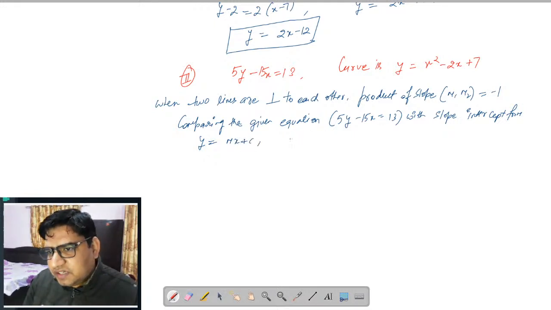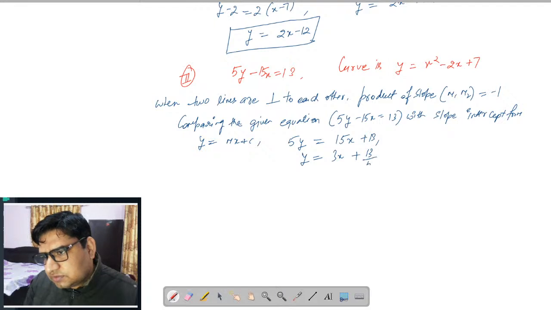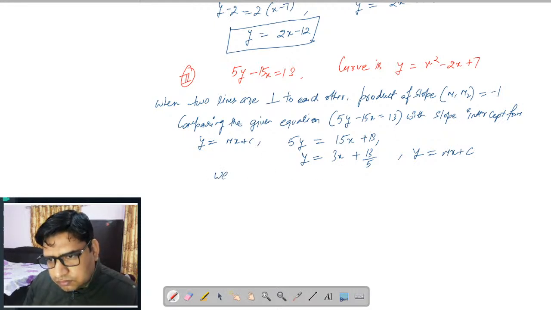And here what is given to us? 5y is equal to 15x plus 13, or you can simply write y is equal to 3x plus 13 by 5. If you compare this equation with y is equal to mx plus c, we get m is equal to 3.